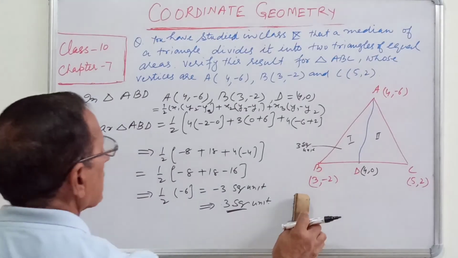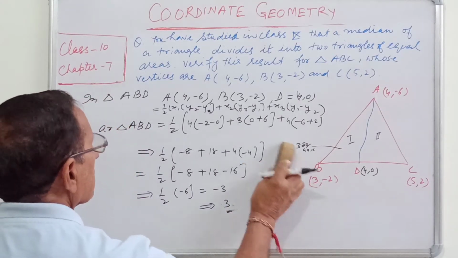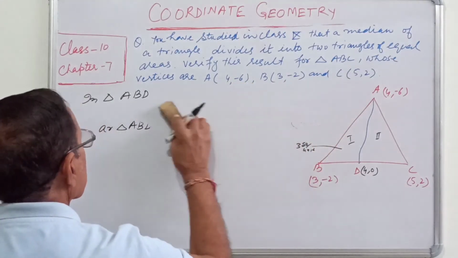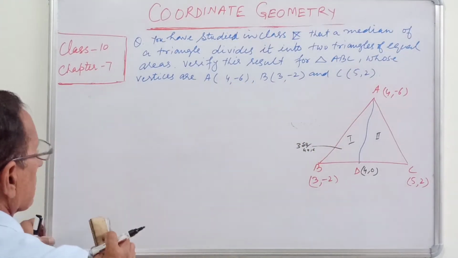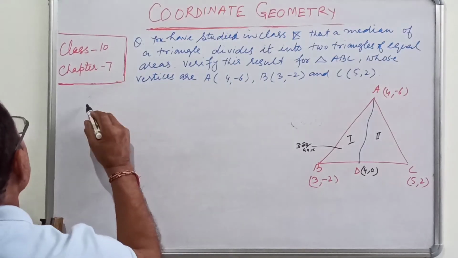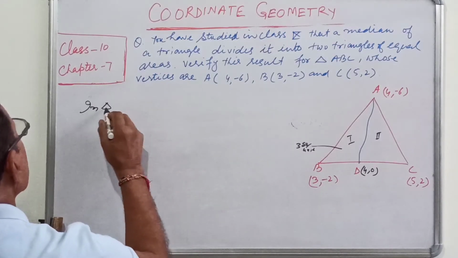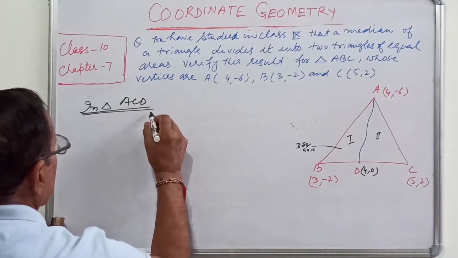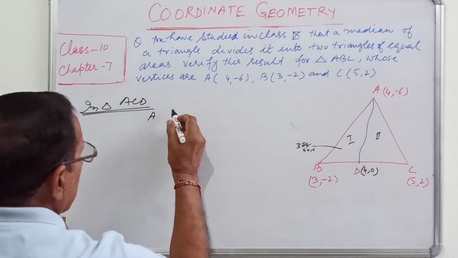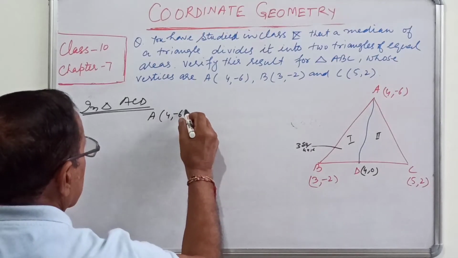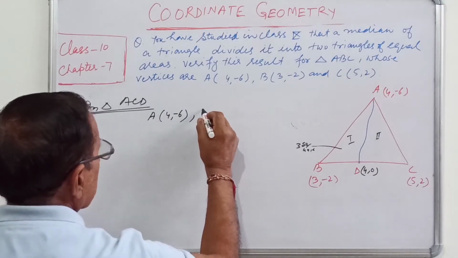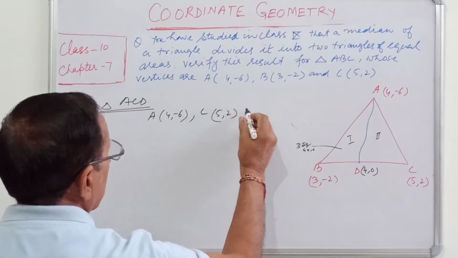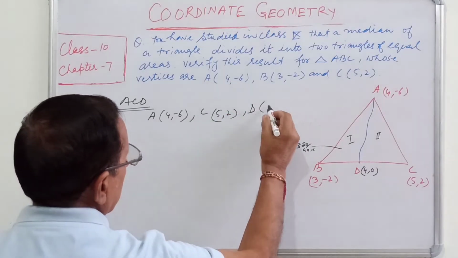Now we have to find the area of triangle ACD. In triangle ACD, the coordinate of A is again (4, -6), C is (5, 2), whereas D is (4, 0).